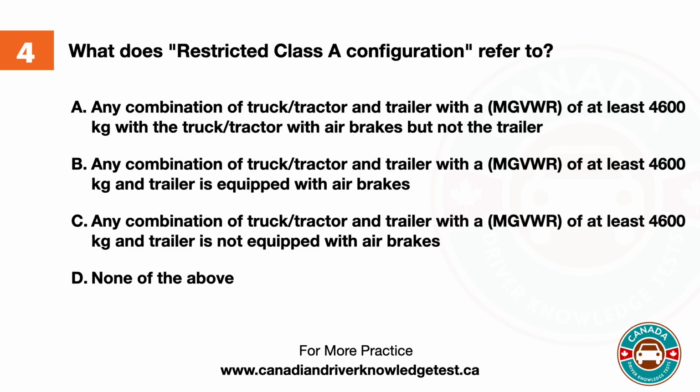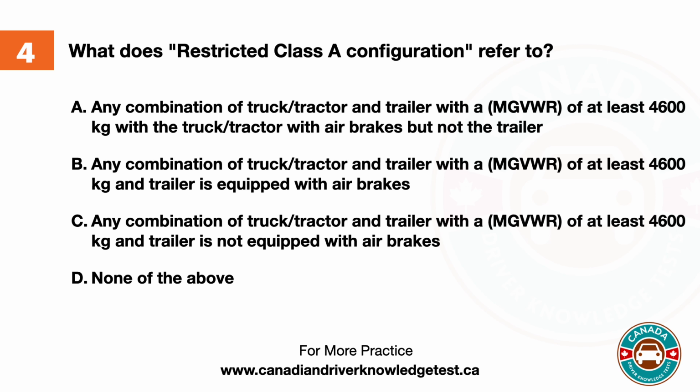Question 4. What does restricted Class A configuration refer to? A. Any combination of truck/tractor and trailer with a MGVWR of at least 4,600 kilograms with the truck/tractor with air brakes, but not the trailer. B. Any combination of truck/tractor and trailer with a MGVWR of at least 4,600 kilograms and trailer is equipped with air brakes.